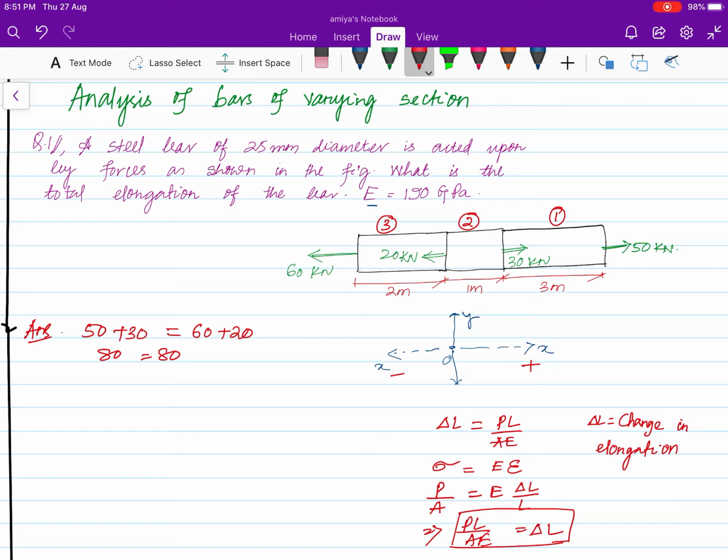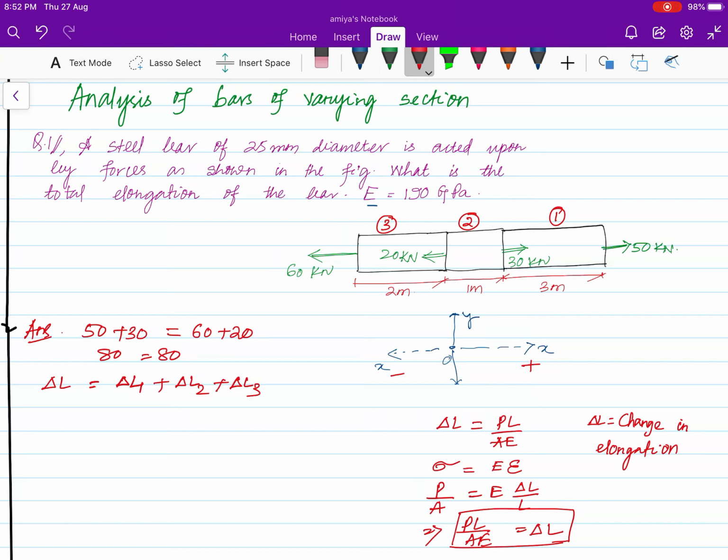So we have to find the elongation in section 1. The total elongation is equal to del L1 plus del L2 plus del L3, where del L1 is the elongation in section 1, del L2 is the elongation in section 2 and del L3 is the elongation in section 3.